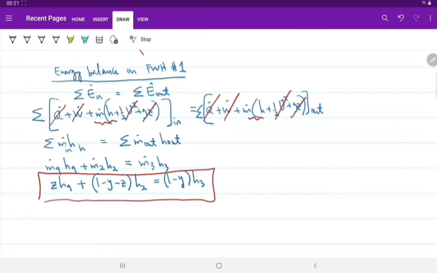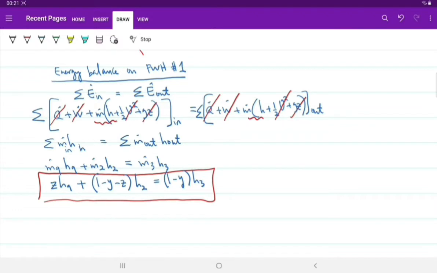Number 2 also comes into the feed water heater, M2H2, equals to point number 3, M3H3. The fraction must be included, so you have Z multiplied by H9 plus 1 minus y minus Z multiplied by H2 equals 1 minus y multiplied by H3.